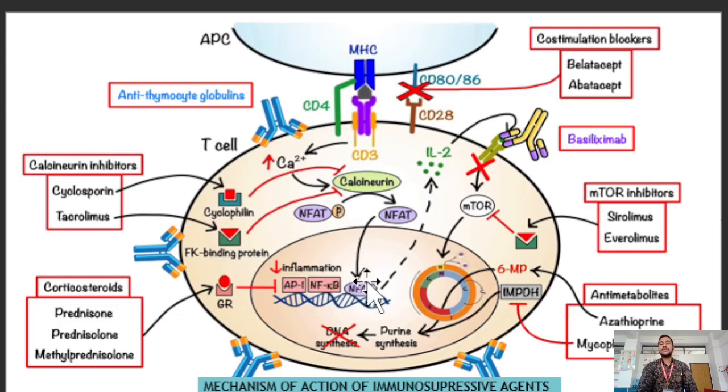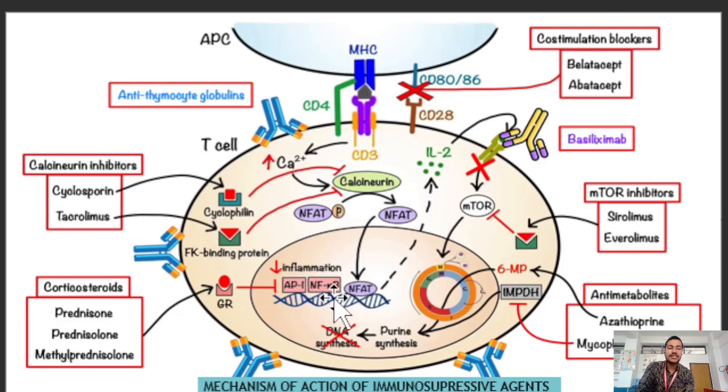Okay. Now, inside the nucleus, there are also other transcription factors like activated protein 1, NF-kB, nuclear factor kappa B, then NFAT, nuclear factor of activated T cell, and there are many other transcription factors.